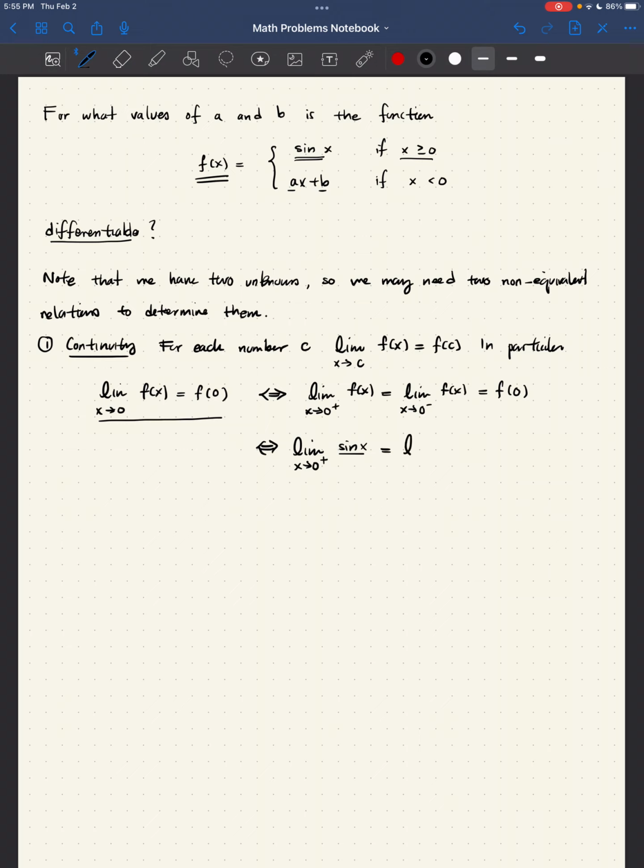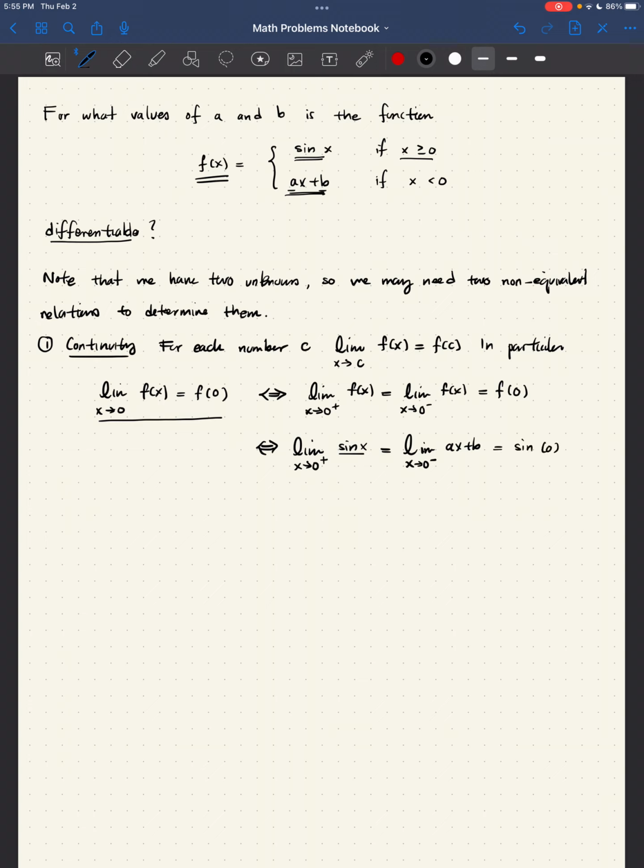Something similar occurs on the left. So the limit as x tends to 0 from the left of ax plus b, because now we're taking values less than 0, and the expression we use is the linear one at the bottom. And in turn, all of them should be equal to the sine of 0.